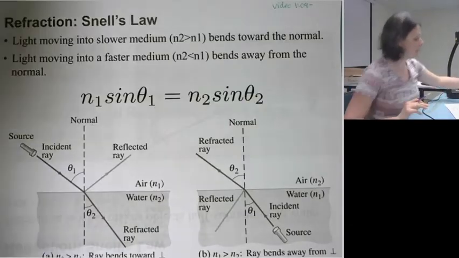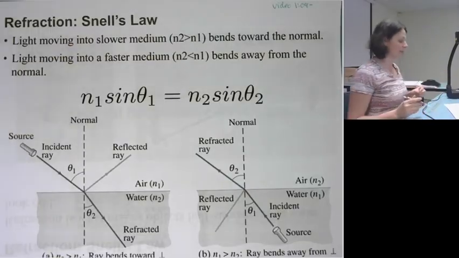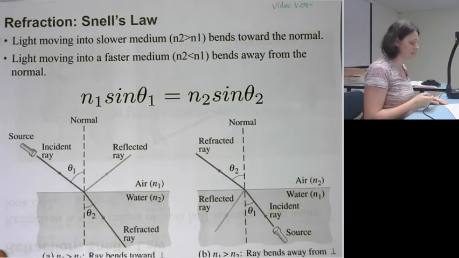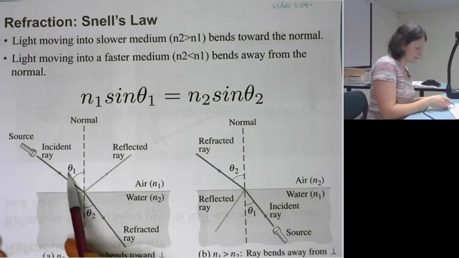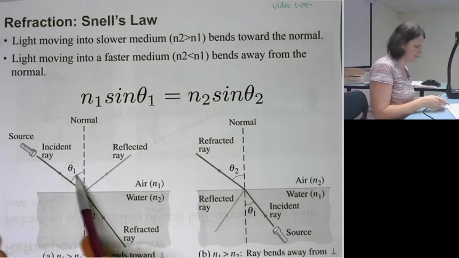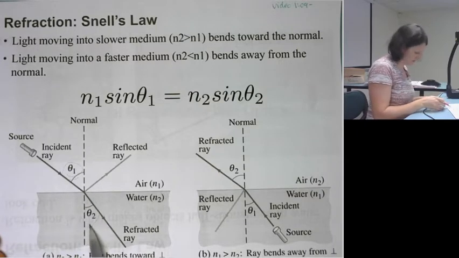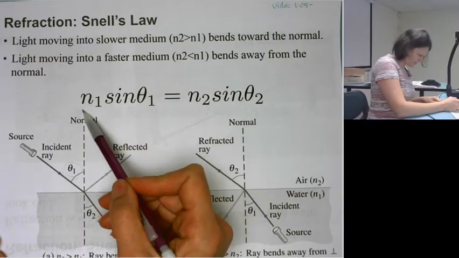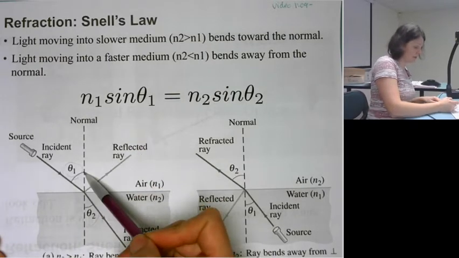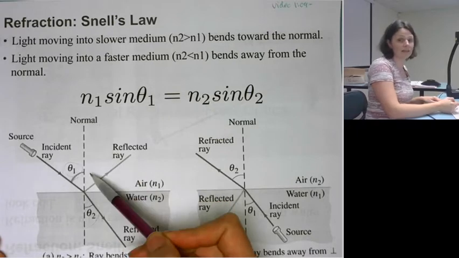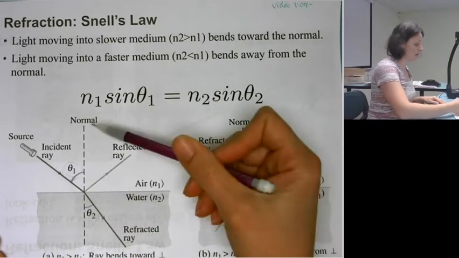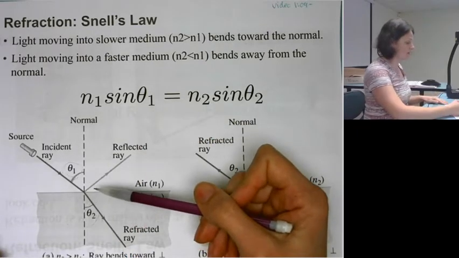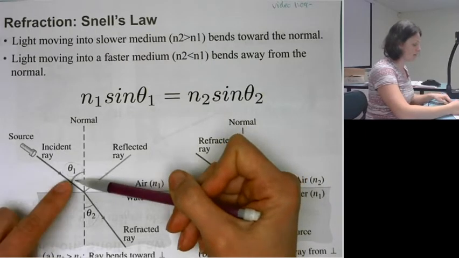So the formula that goes for the relationship between this angle of incidence, which we call the ones, and the angle of refraction, which are the twos, is this, okay? So the theta 1, the angle of incidence, we measure that theta the same way that we've been measuring theta for this whole unit, which is that we measure the angle relative to the normal.